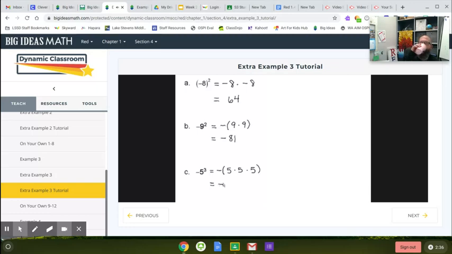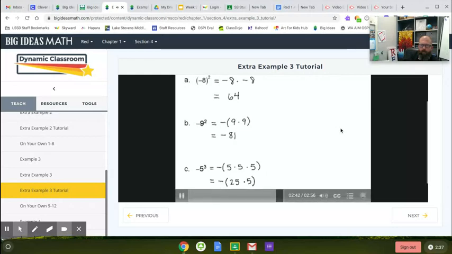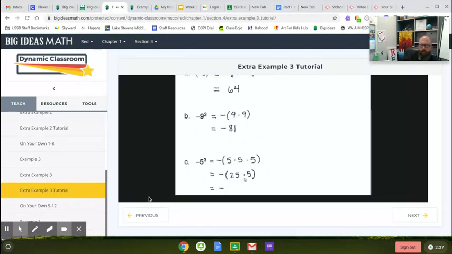We have the opposite of 5 times 5, which is 25, times 5. And now we multiply 25 times 5, which is 125. So we have the opposite of 5 cubed is equal to negative 125. All right, keep those notes handy.